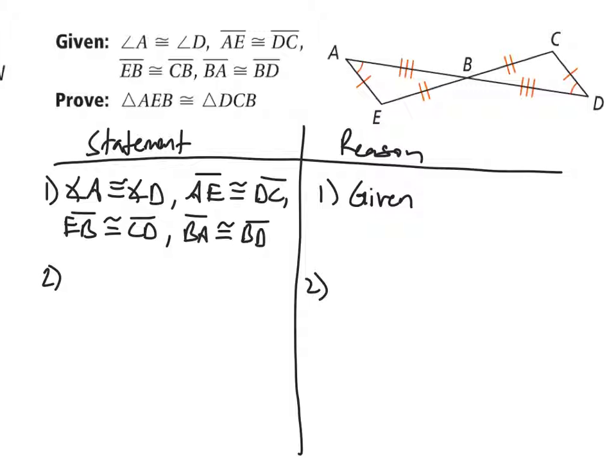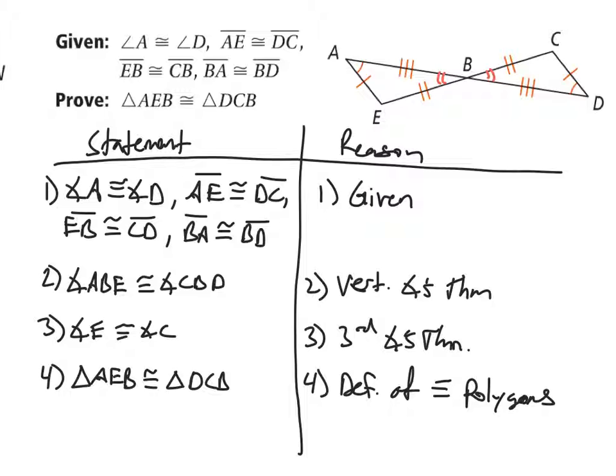You should only need 3 more steps in this proof. You need to find 2 more sets of congruent angles. You should be able to get this entire proof done in 4 total steps. Okay, we'll be back. All right, so this is what we should have for our proof then. Any questions on this?